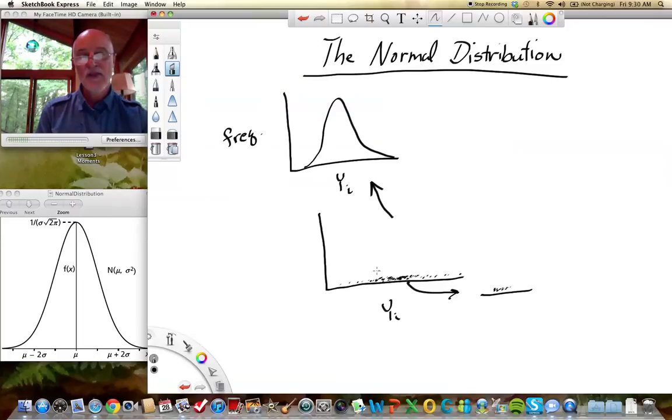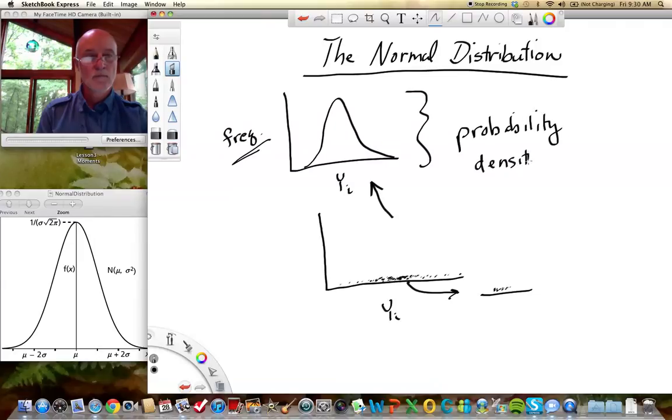And so you can think of this curve as what's called a probability density function. Those are often given the shorthand PDFs, probability density function. So the y-axis of this curve is the density of points along this axis.